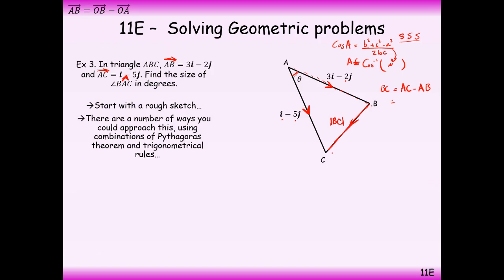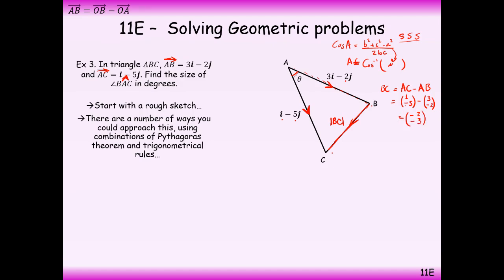So what that means is that I'm just going to use vector notation, or column notation, here. The values 1 and minus 5 there are the definition of A to C. And I'm going to subtract the definition of A to B, 3 and minus 2. That's telling me 1 minus 3 is minus 2, and minus 5 plus 2 makes minus 3.